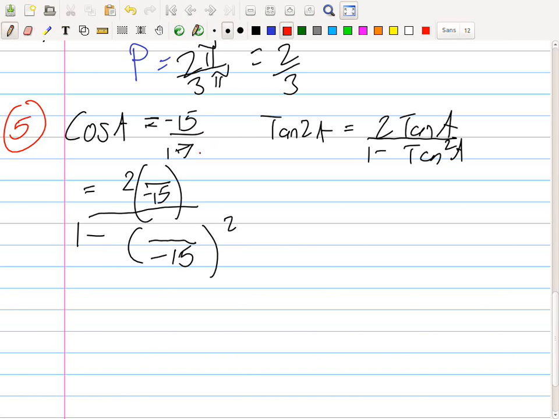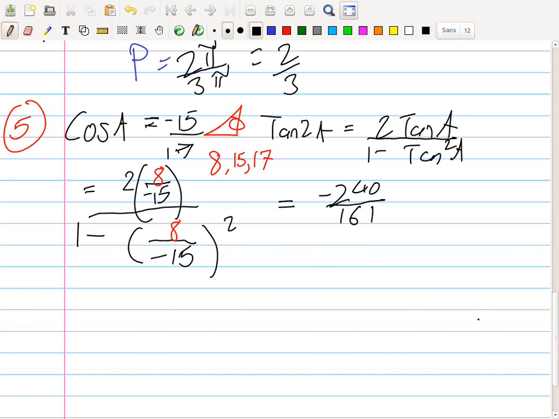I use Pythagoras. I draw the triangle. So what is the opposite side going to be? If you use Pythagoras, it's 8. This ends up being like an 8, 15, 17 triangle. So an 8 goes here. And if you just hit that in on the calculator, you get the answer: negative 240 over 161.